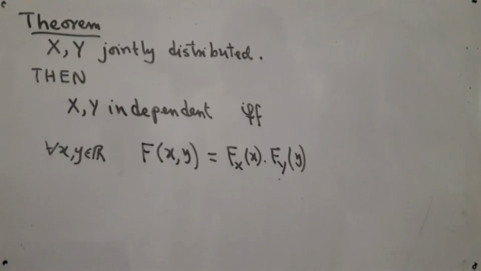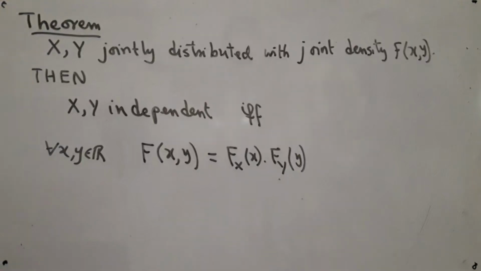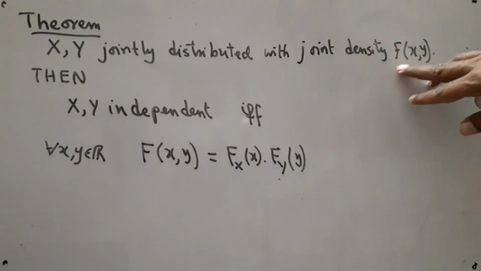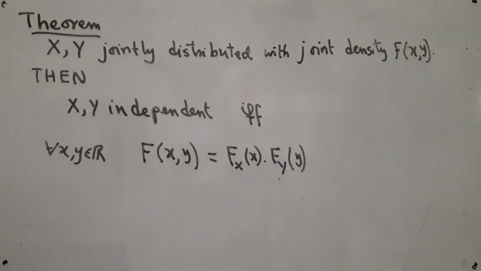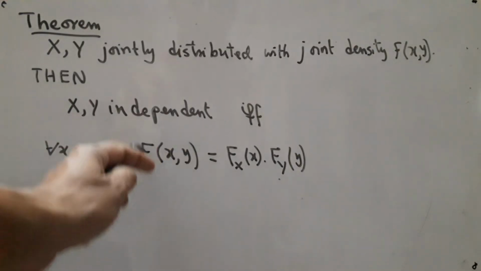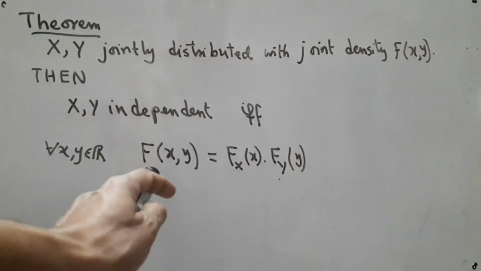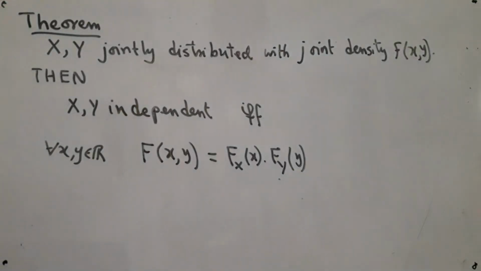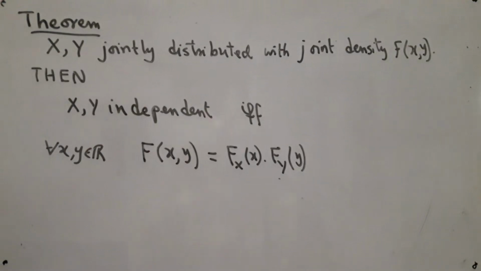Now we can get a similar theorem for densities. In this case, I will assume that X and Y are jointly distributed, but with a joint density little f_XY. Now I can obtain this little f from this capital F by doing two partial derivatives.